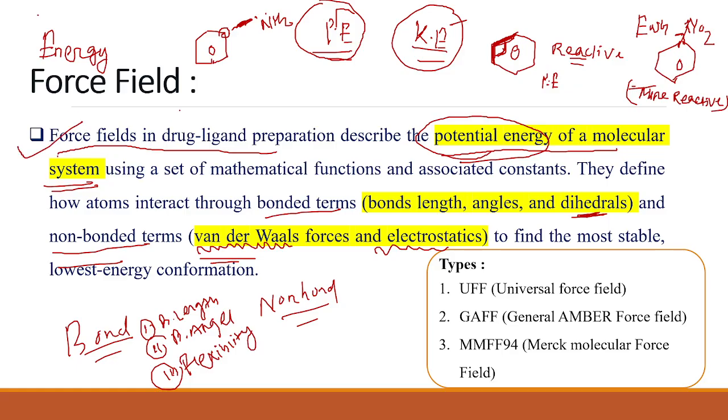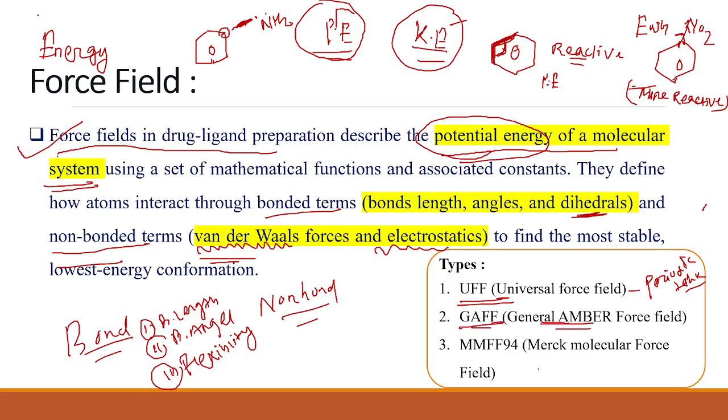So what are the different types of force field? As I have already mentioned, the first one is the universal force field, applied to the periodic table elements, all the elements present in the periodic table. Then the second one is GAFF, the general amber force field.